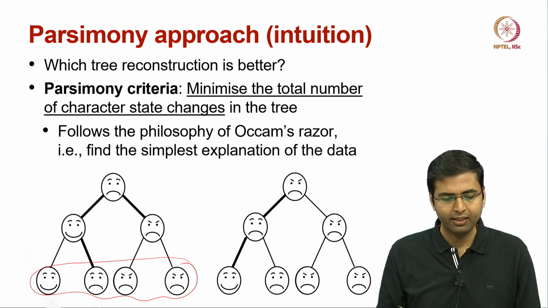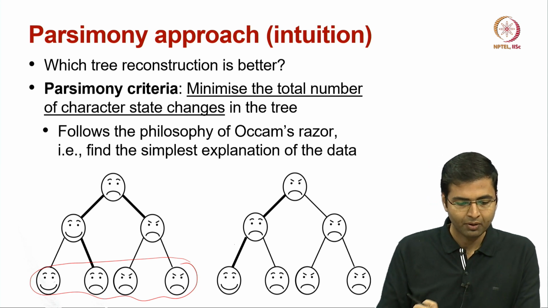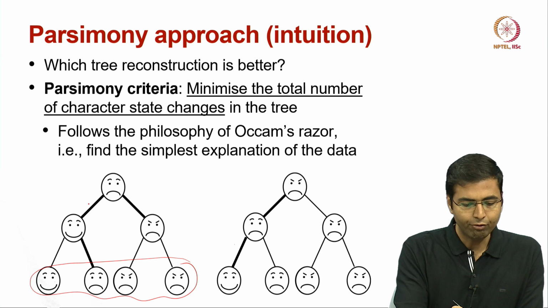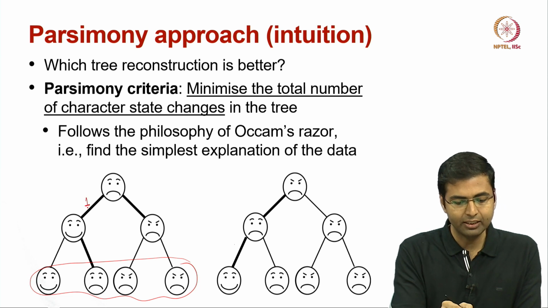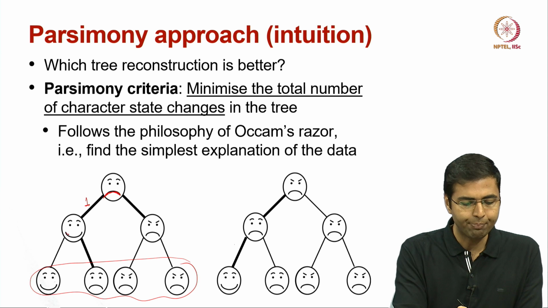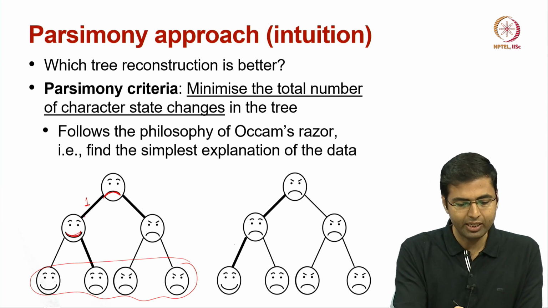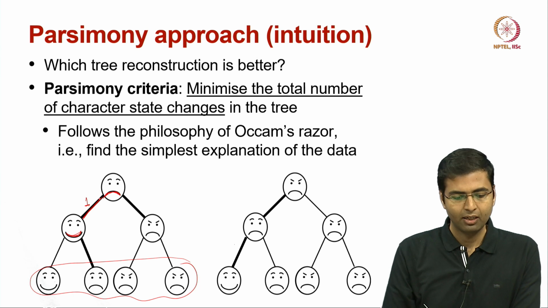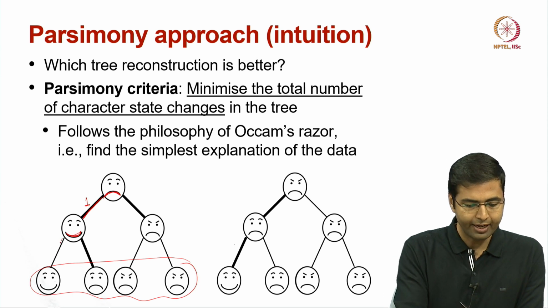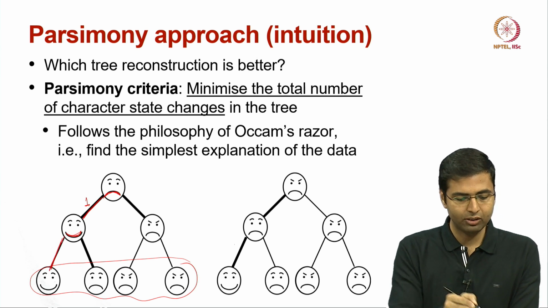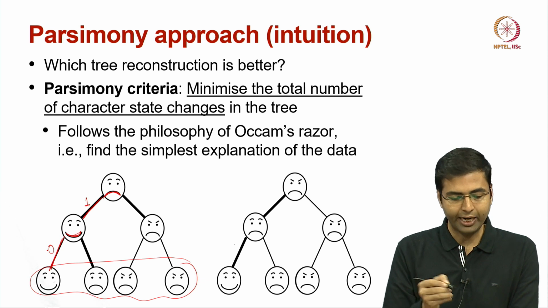Observe that in the left hand side example, you have one state change here, that is, you have a sad mouth here and you have a happy mouth here. So, you have one character change on this edge. Similarly, here you do not have any character change, so there is 0 change.